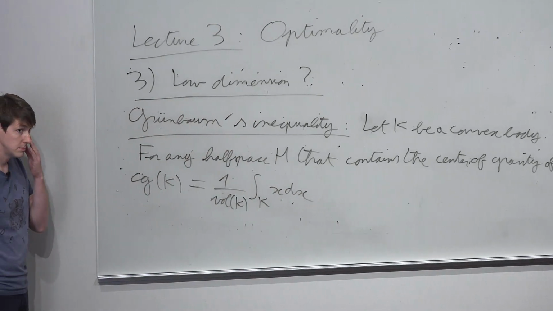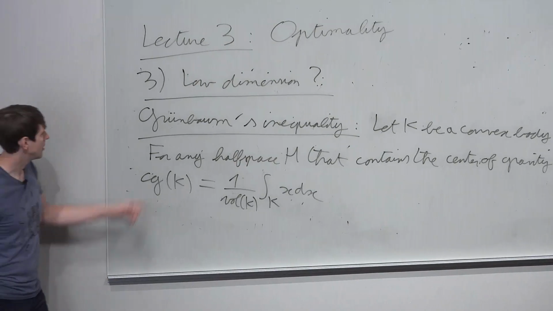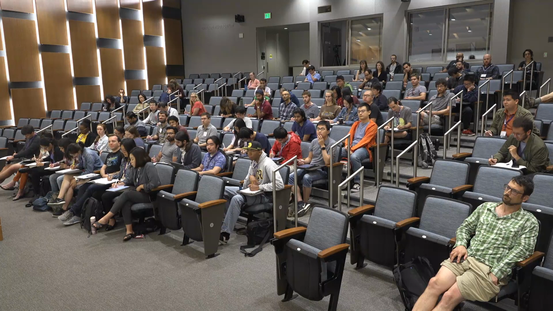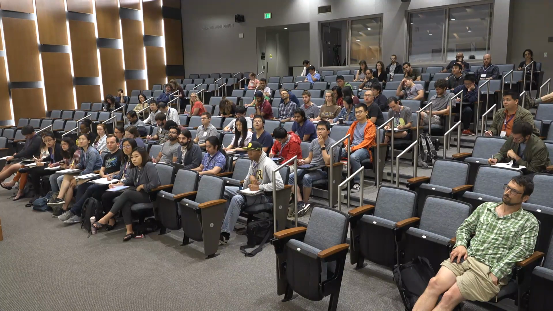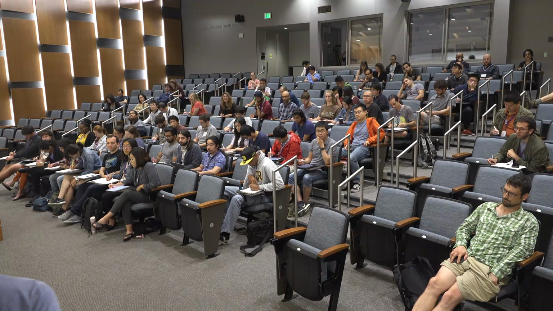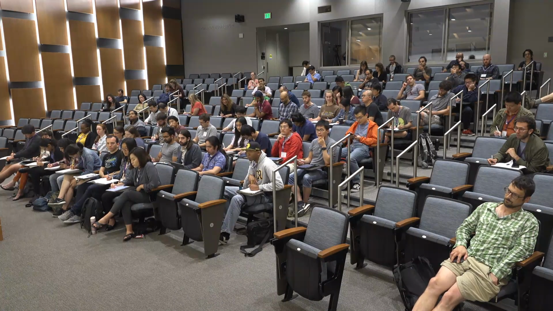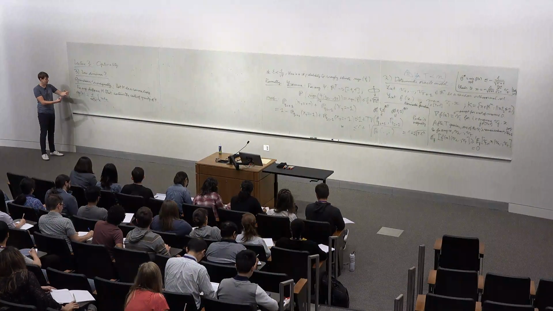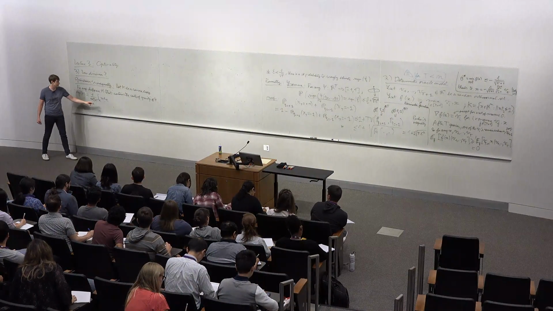Can you repeat the name of the inequality? Grunbaum. So G-R-U-N with an umlaut, B-A-U-M. Very important inequality. So I fix a convex body. I look at the center of gravity, the center of mass. I just integrate with respect to the Lebesgue measure on this set.